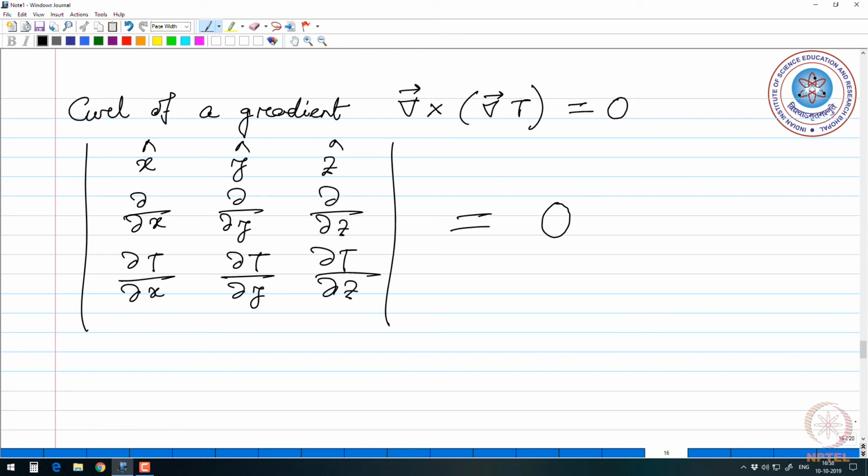Okay. Then let's consider the other kind of operation, the gradient of a divergence.